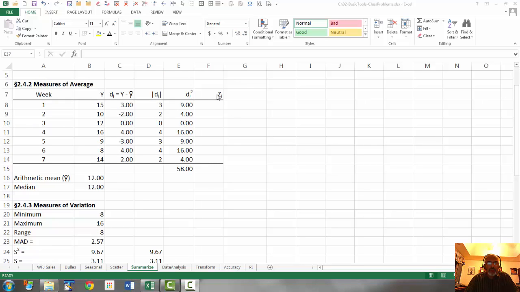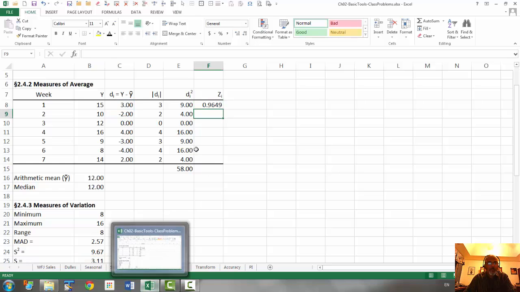Let's now calculate the z values. So we take the difference, y minus y bar, and divide by the standard deviation, which is over here. And the standard deviation should be absolute referenced.